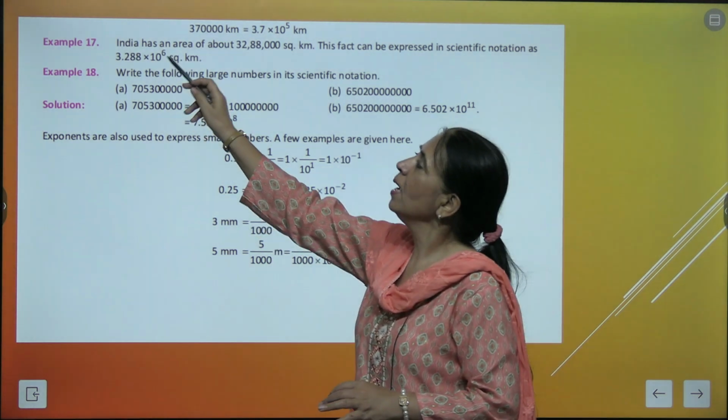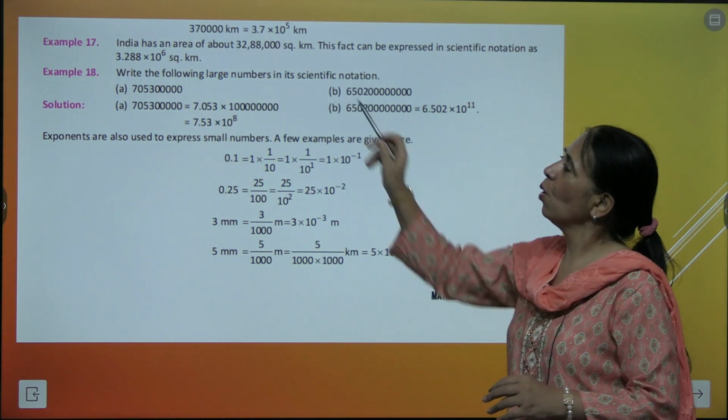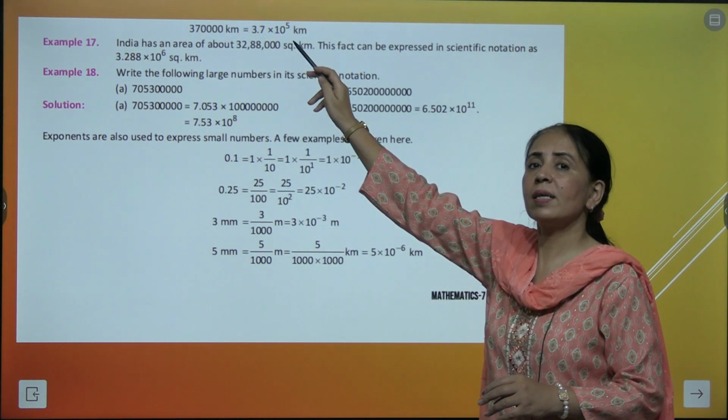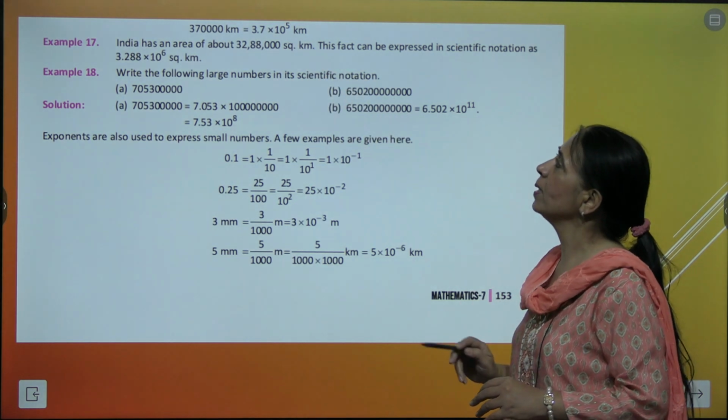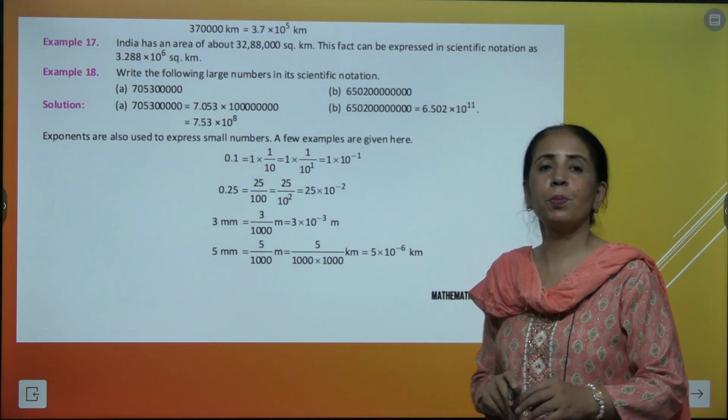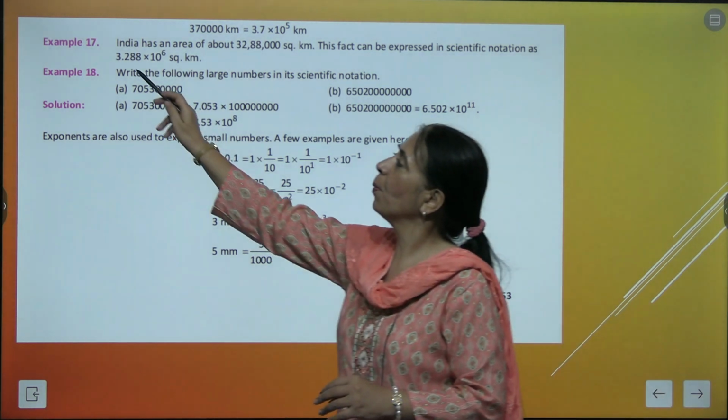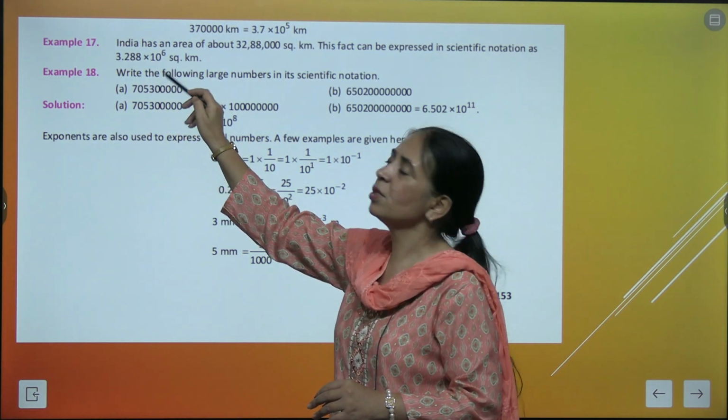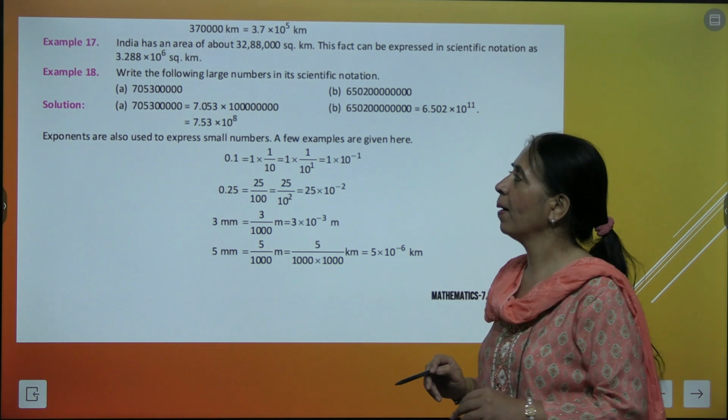So let's see. India has area of about 32,88,000 square kilometer and we can express it as 3.288 multiply 10 raised to the power 6.